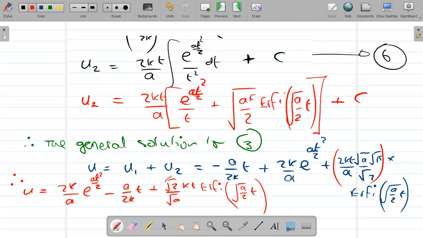This can be simplified to give, and I'll just write it down very quickly. Right. So that is root of 2 over a times kt times 0, and that is the general solution to equation 3. So I'll leave it to that for now, because I think I've gone on quite a long while.